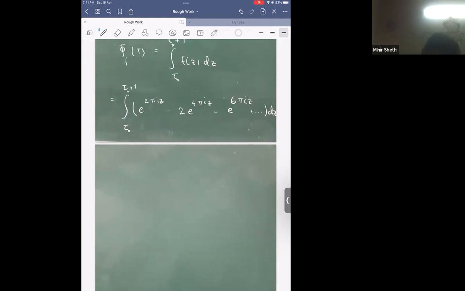And now you just integrate term by term. Of course e^(2πiτ) and e^(2πi(τ+1)) are the same, so they will cancel each other, and there is no constant term because it's a cusp form. So it's 0.